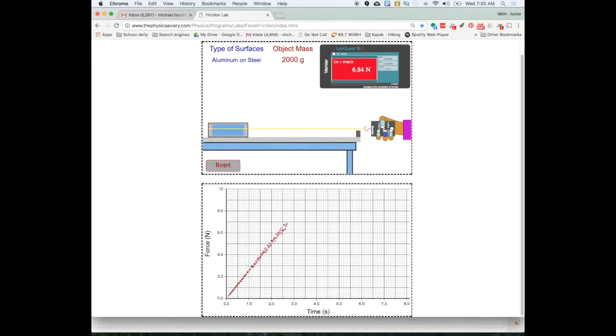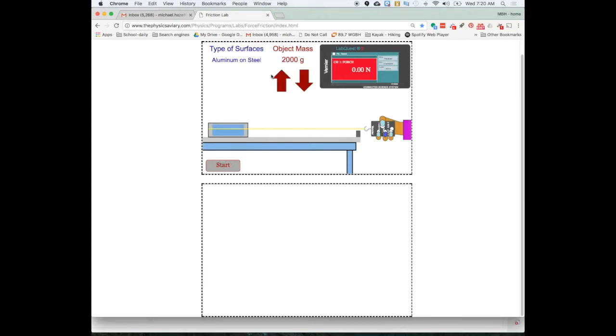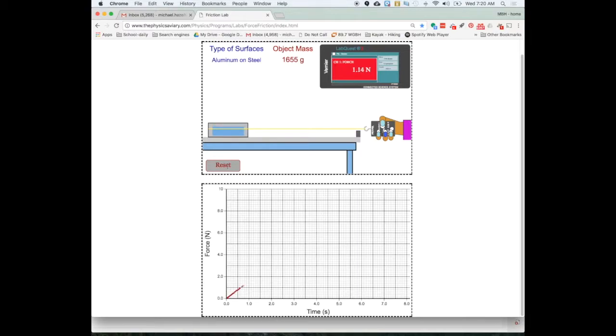You're going to see that graph that we saw before. And remember that for this first set of data, we were interested in this peak value right here. Now what I want to do is record that value right there. And so what I'm going to do is vary the object's mass several times and record that data.